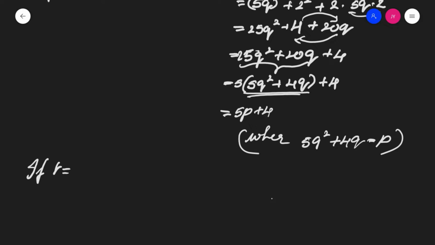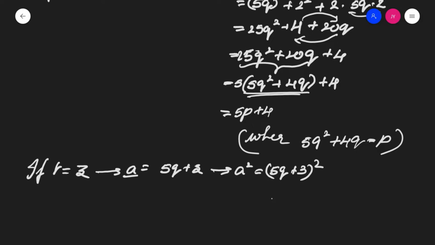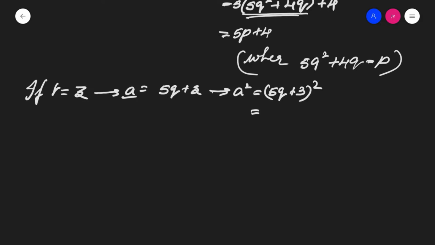Case, if r is equal to 3, then a is equal to 5q plus 3. Square of this integer, a square is equal to 5q plus 3 whole square. Then according to the identity again, 5q whole square plus 3 square plus 2 into 5q into 3.